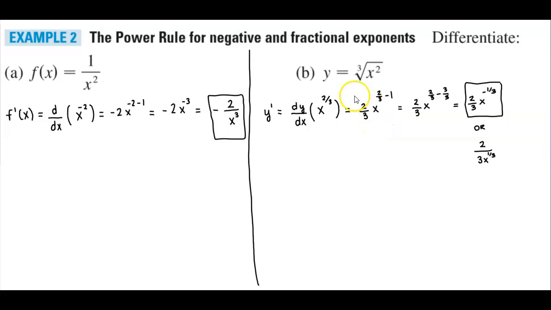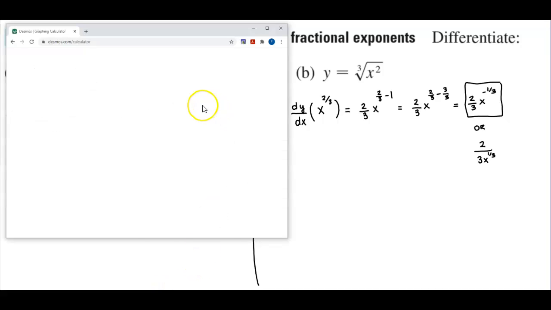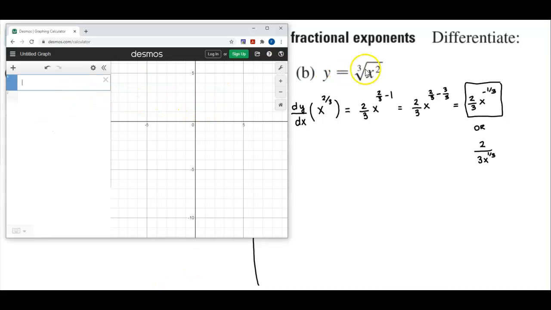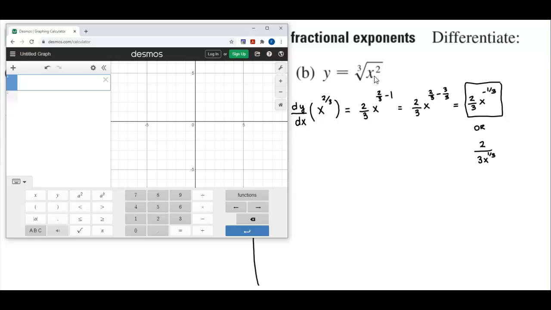Now in part B, let's graph its function and its derivative. So we're going to graph it on Desmos. Okay, so we know that this is the cube root of x squared, or we can say that this is x to the power of 2/3.